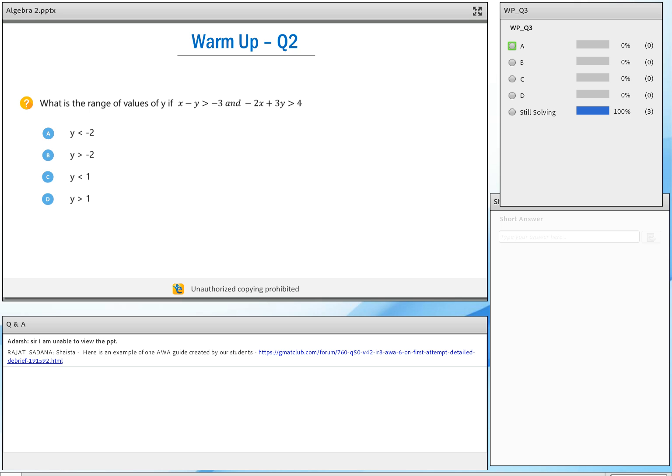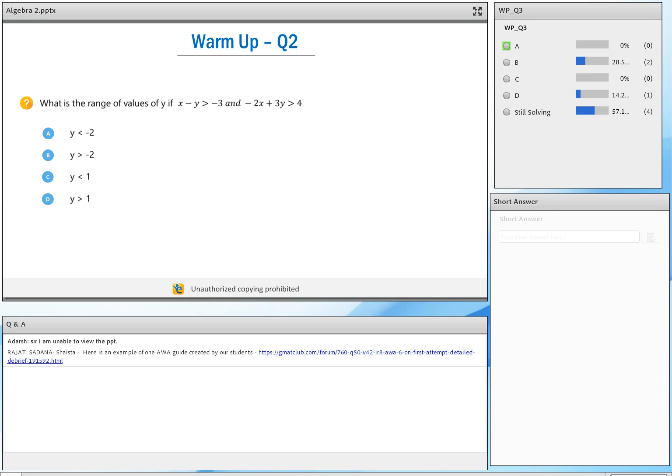Alright, sorry about that, guys. I think I fixed it here. Too many Bluetooth devices connected on my computer.